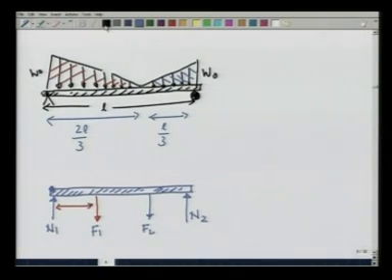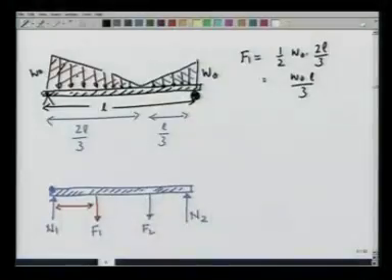Now, what we did earlier, I can take F1 to be acting at the centroid of this first triangle. F1 is going to be equal to 1/2 W0 times 2L by 3. So, this is going to be W0 L by 3. And where does it act? It acts at the centroid of this triangle.